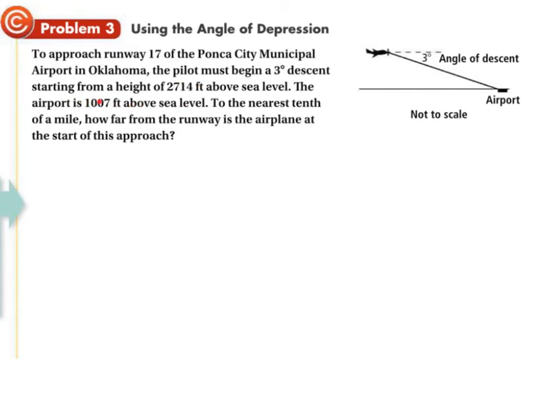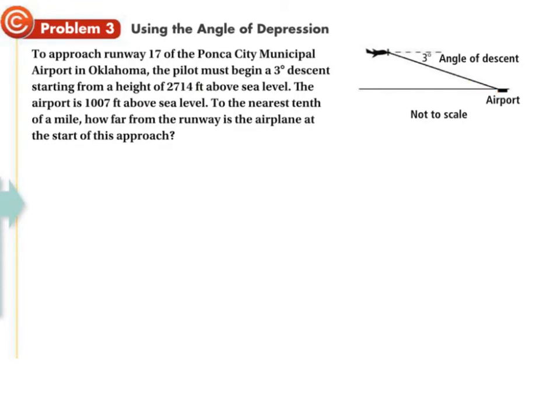So the difference between those is how high this plane is. To the nearest tenth of a mile, and notice we're starting in feet, we're going to have to convert to miles, how far from the runway is the airplane at the start of this approach? What is this length right here? That's what they want to know.